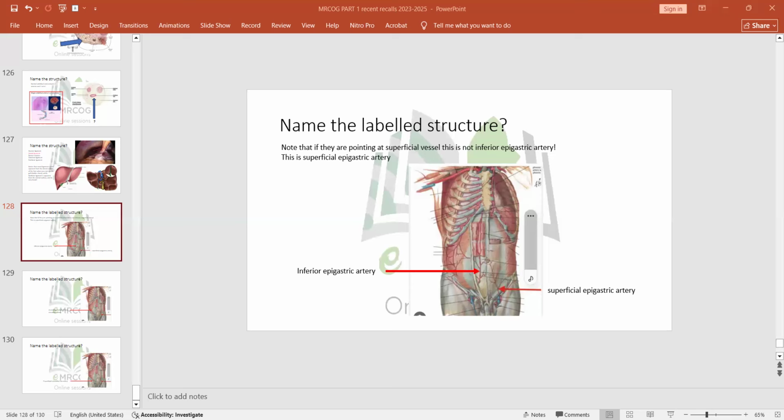When it runs within the sheath, it's going to be between the fascia and the posterior surface of the rectus abdominis. So it's going to run between the transversalis fascia and the rectus abdominis muscle. So it's going to run here.